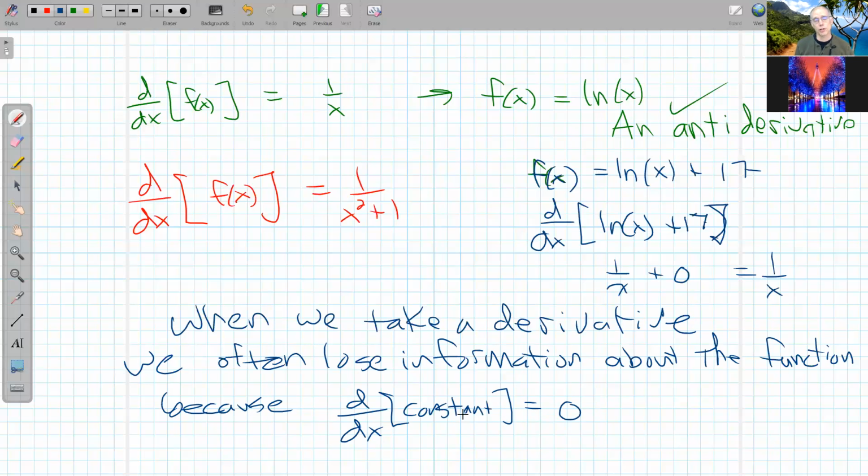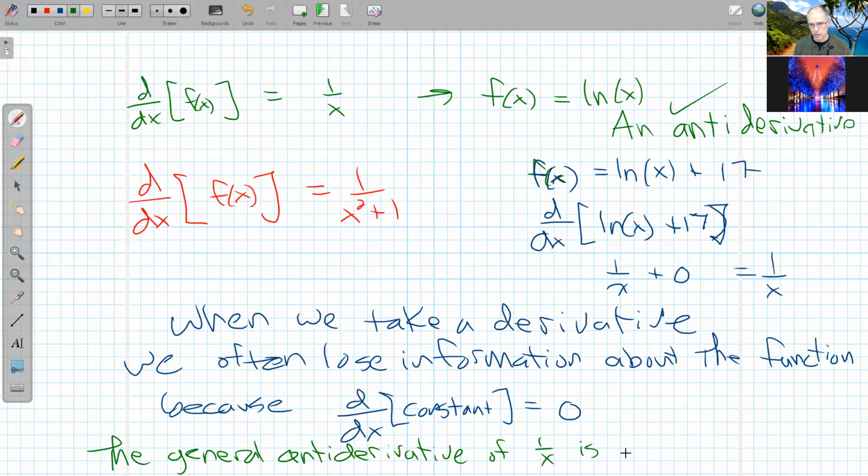So I lost whether the original function had a constant or not. So this is an antiderivative. Then I could say the general antiderivative of 1 over x is the natural log of x plus some constant c.